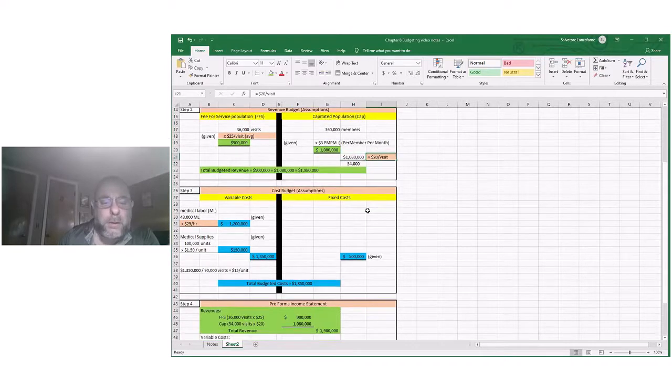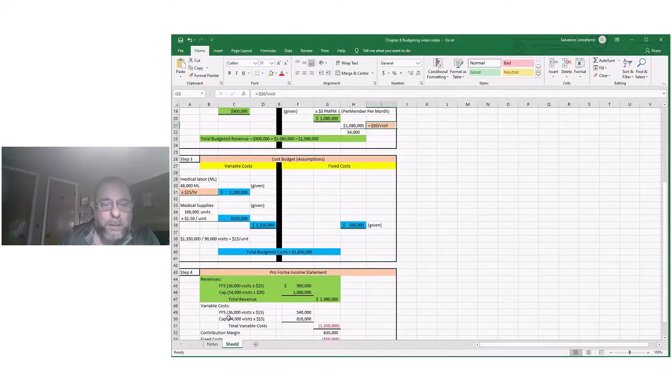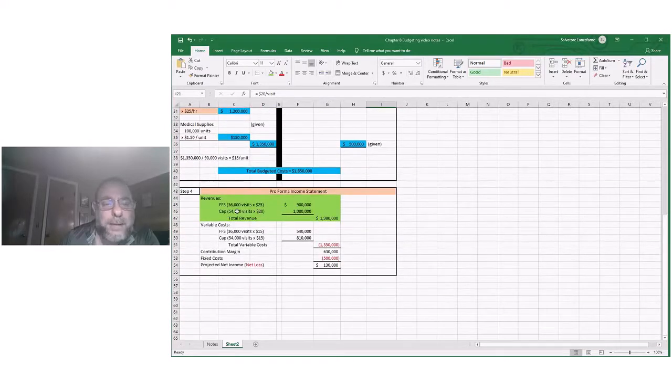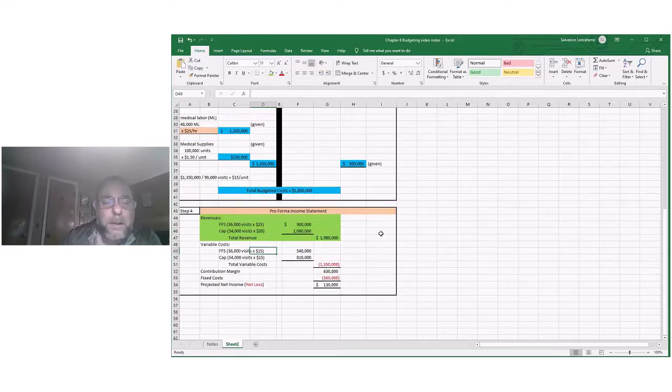But it's good to have it to help me out in terms of how we're doing from a profit perspective. So if you look at this, let me skip down to number 4. FFS revenue is 25 and the cost is 15, so we're making about a $10 profit per visit. Whereas in the capitated revenue, 20 and 15, that's only a $5 profit per visit. So it's interesting to look at it like that.